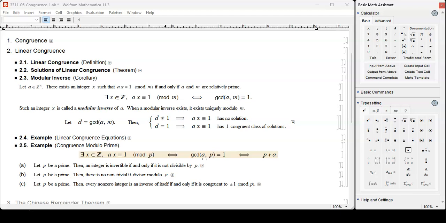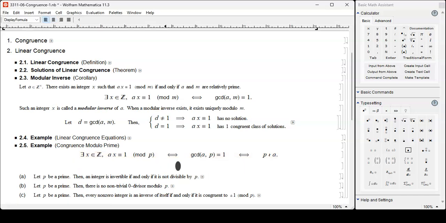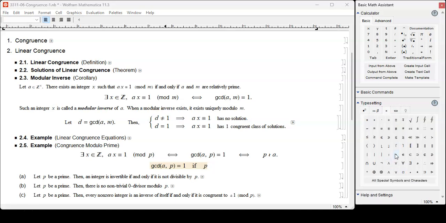If p does not divide a, then it's 1. If p divides a, then it's p. So maybe p does not divide a.